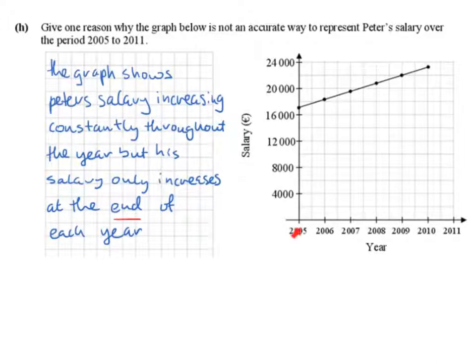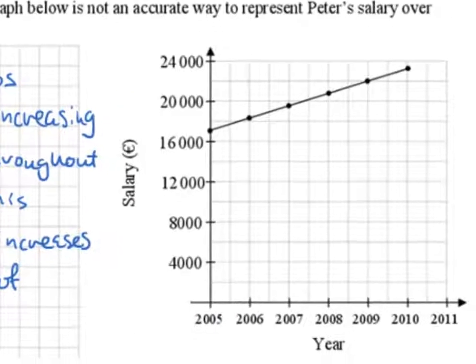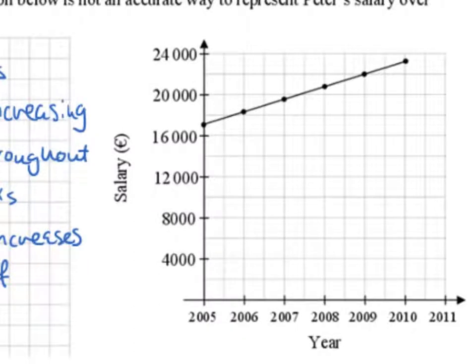So for example, between 2005 and 2006, if we zoom in on this, we can see that we have a steady line, a constant line that is going upwards, and that obviously continues throughout the next few years. So this would indicate that his salary is going up daily by a small amount each day. But we know that his salary actually increases at the end of the year.